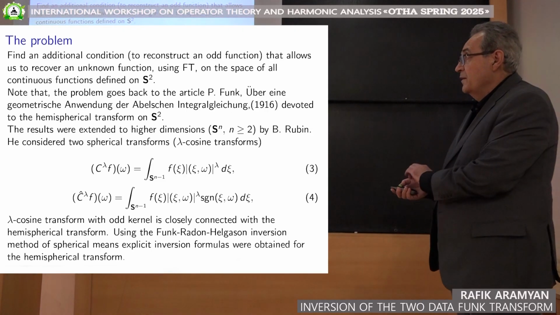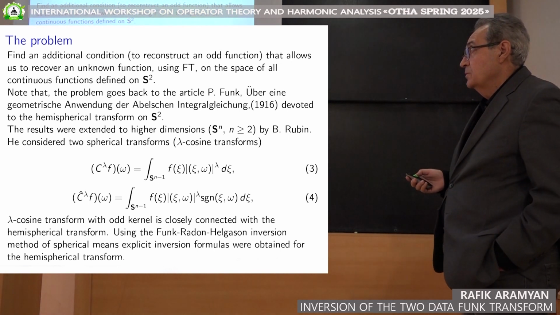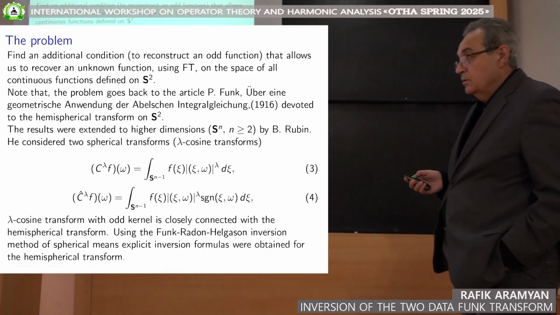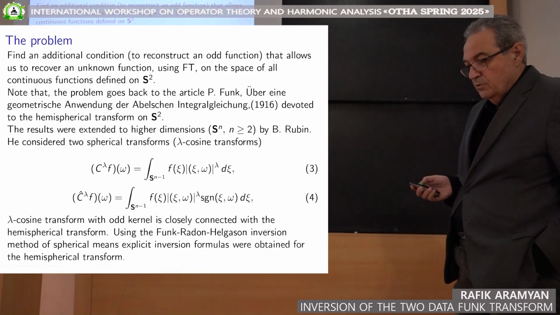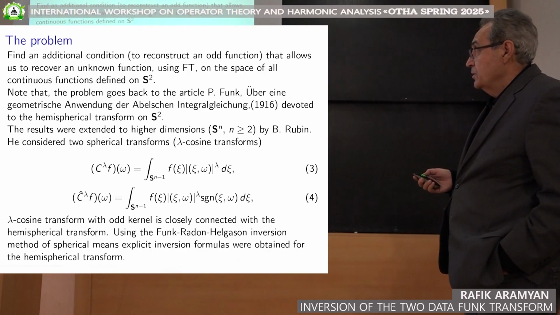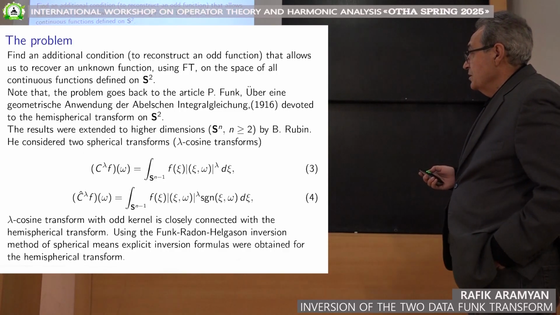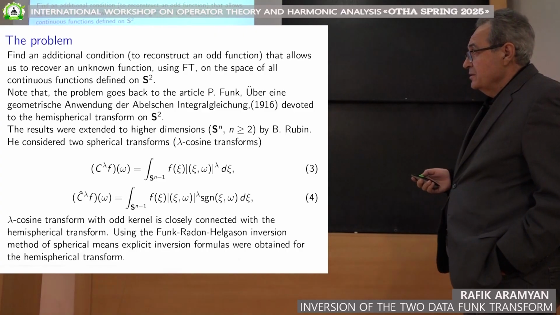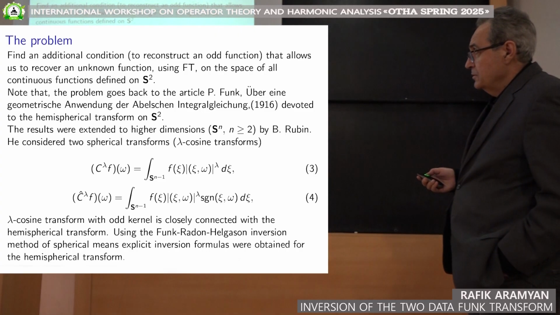So about the problem. The problem is to find an additional condition to reconstruct an odd function, that allows us to recover an unknown function using the Funk transform on the space of all continuous functions defined on the unit sphere. Note that the problem goes back to Paul Funk. In his paper, printed in 1916, to reconstruct an odd function, he considered the hemispherical transform on the sphere.